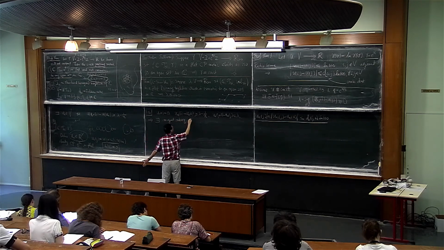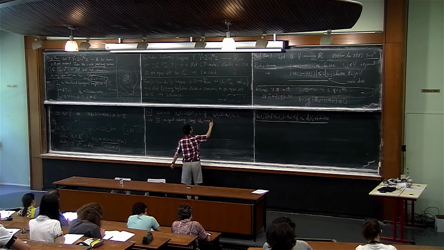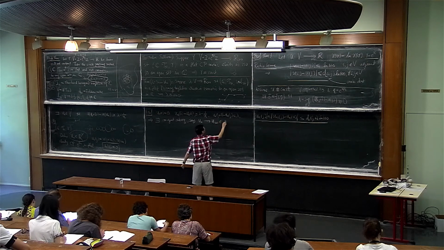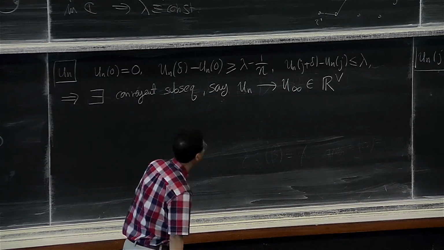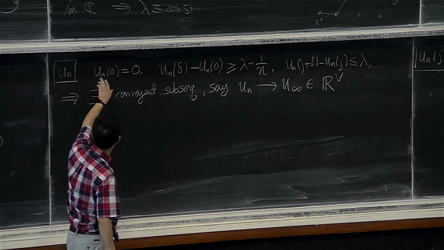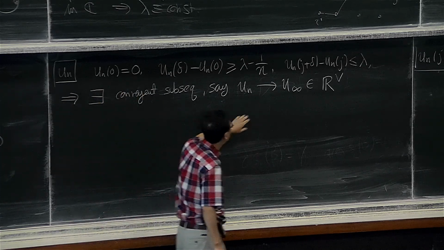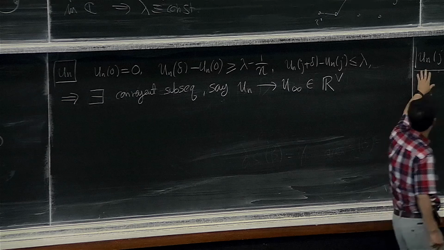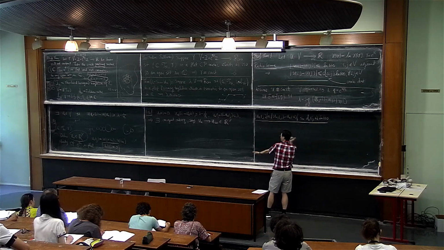Say un itself, which is going to converge to u infinity in the weak topology. This is really the Cantor diagonal process, right? So we choose a subsequence which is convergent at 0, and now you can choose a subsequence which is convergent at delta, right? The delta is just marched in one direction.